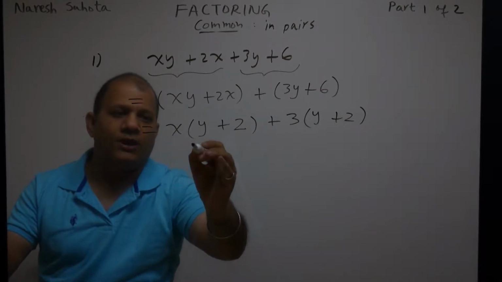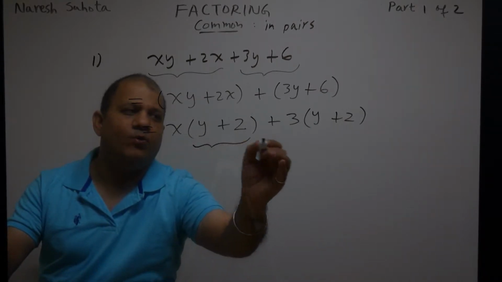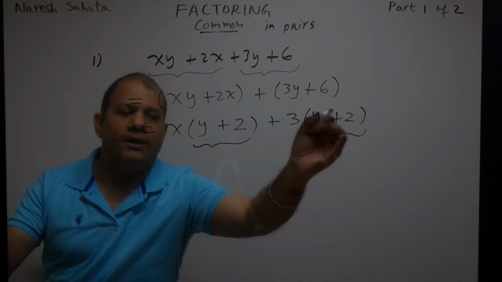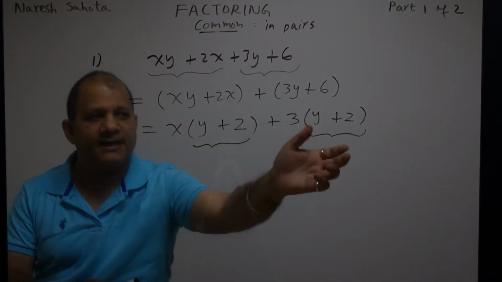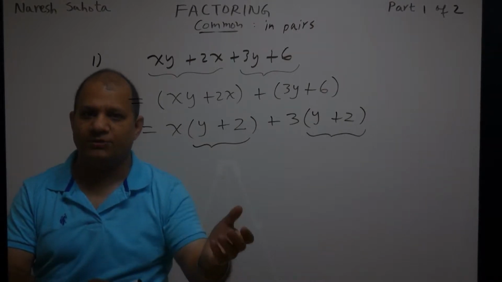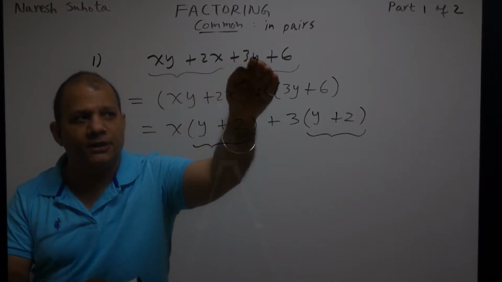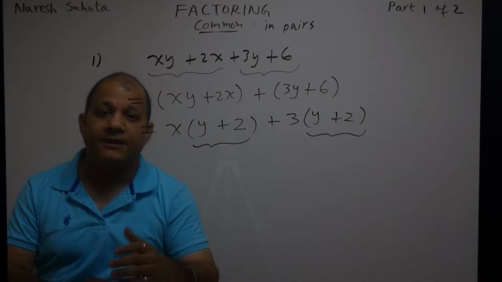Now I see that y plus 2 and y plus 2 appear as a common bracket. This is a hint that I'm on the right track, so whatever I paired at the first step is correct.